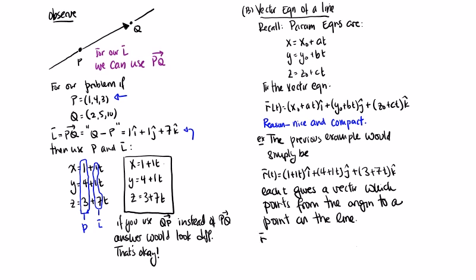So, for example, if you did r of, say, 2, this is 3i plus 6j plus 17k. I'm just plugging a 2 into the r of t. What we're really doing with this is this points from the origin to the point (3, 6, 17), which is on the line.